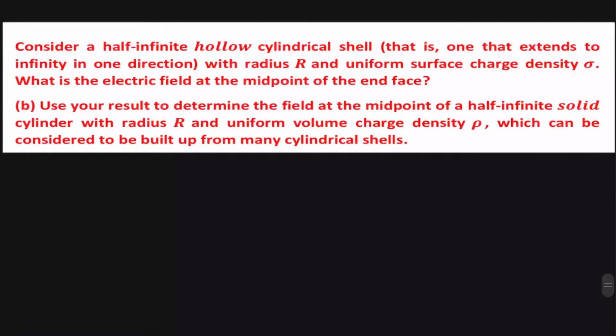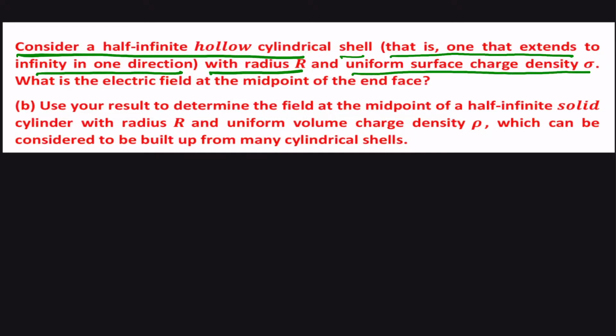Next question. Consider a half infinite hollow cylinder shell, that is one that extends to infinity in one direction. That is same as we did in case of semi-infinite wire, with radius r and uniform surface charge density, that is our sigma. What is the electric field at the midpoint of the end face?